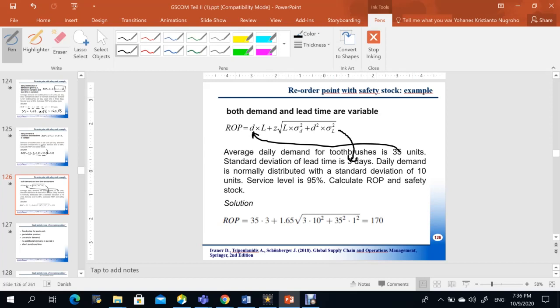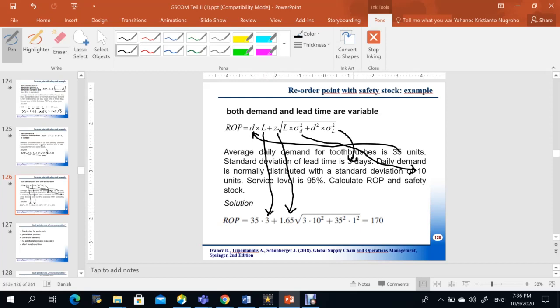And the service level of 95% means that the Z value is equal to 1.65. And the lead time itself is 3 days.